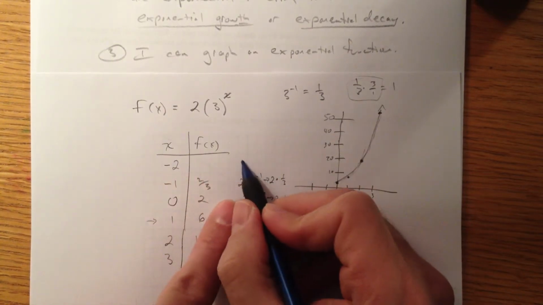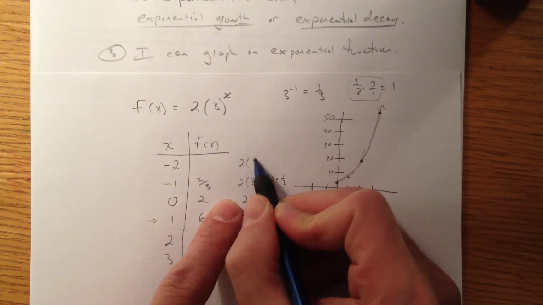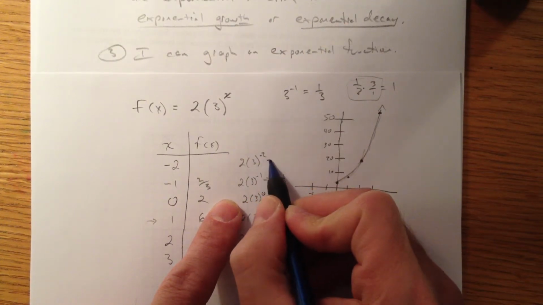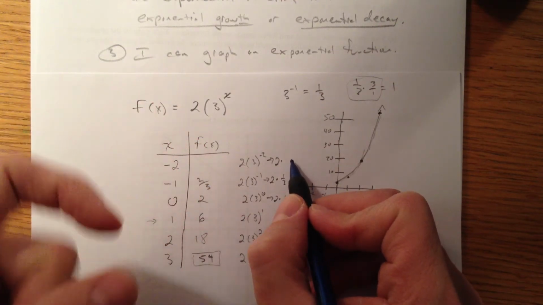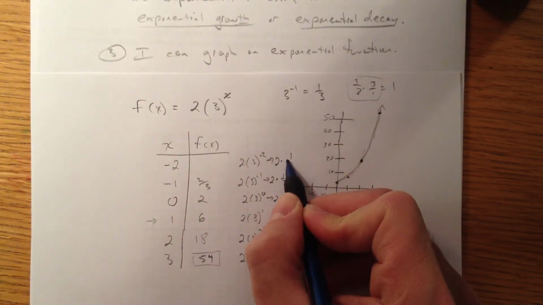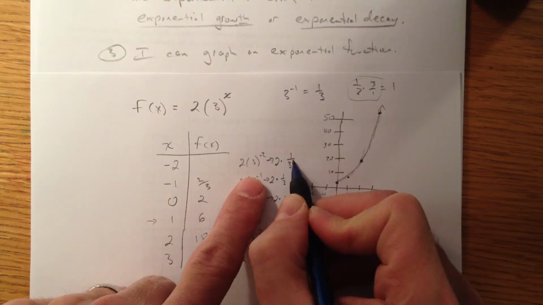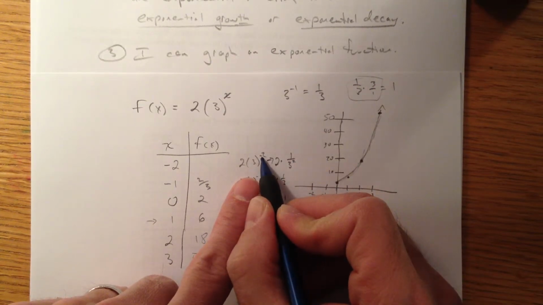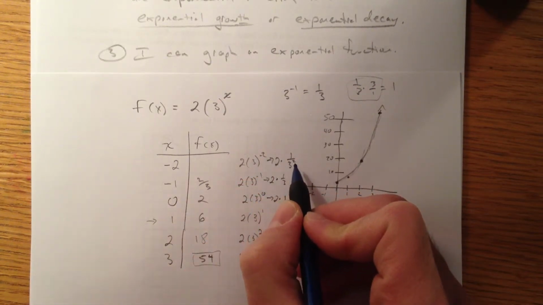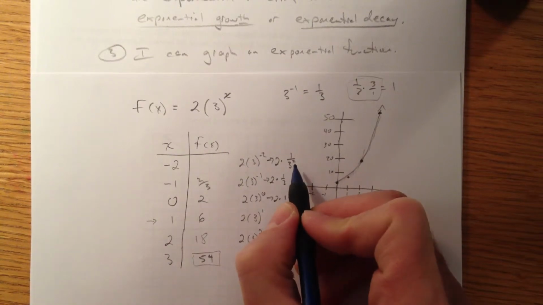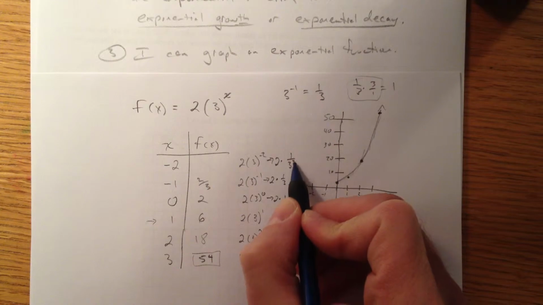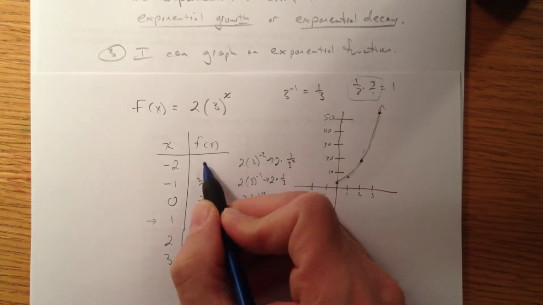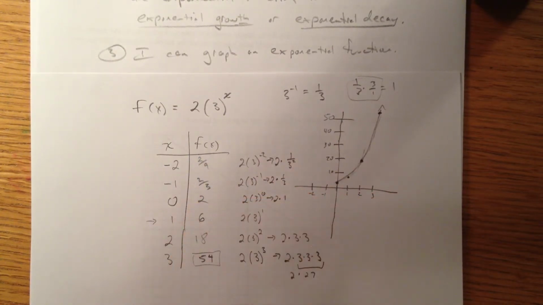And here, this is 2 times 3 to the -2, which is 2 times, again, you got to take that reciprocal, 1 over 3 squared. The negative in the exponent means you're creating that reciprocal, a very important point. All right, so 2 times 1 over 3 squared. 3 squared is 9, so this is 2/9.